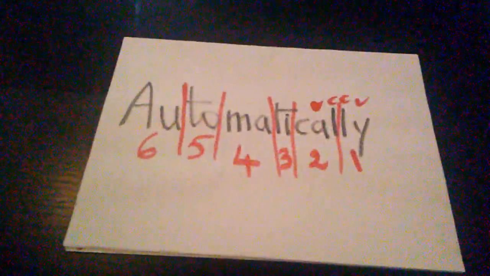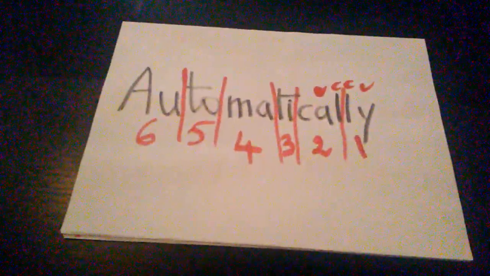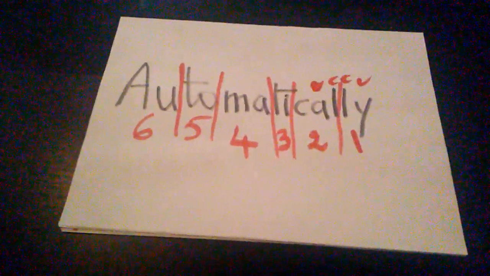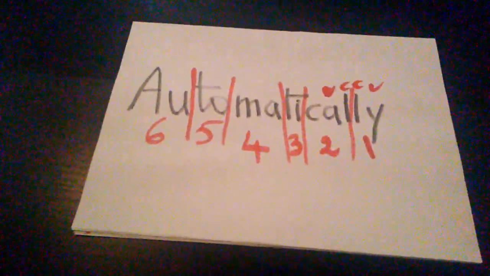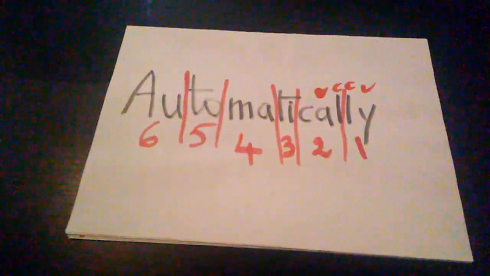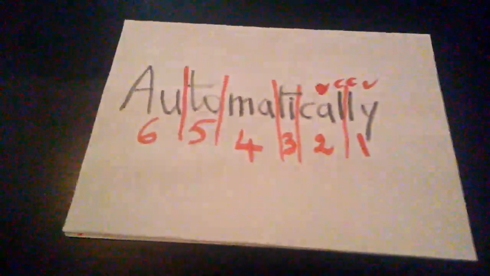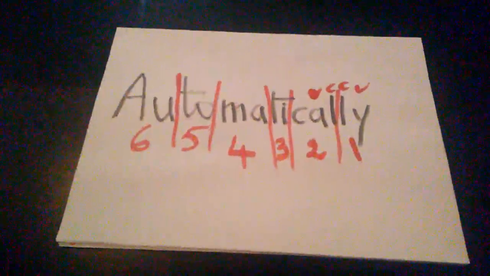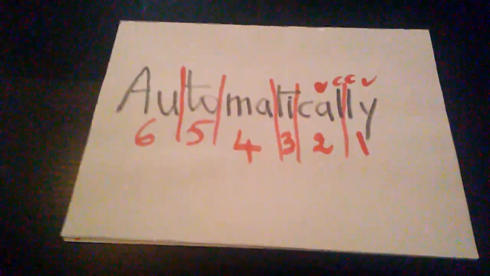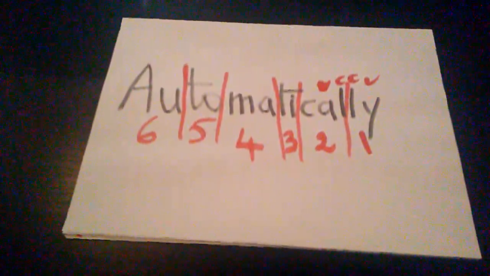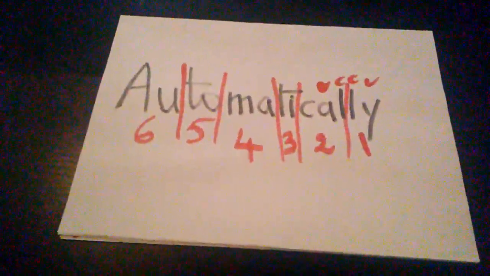You have the word automatically. It's a pretty long word. What do I do to divide? Each time the sound changes, each time we move to something new, it means it is a new syllable.